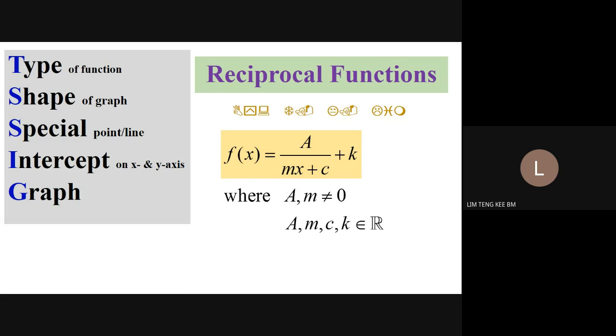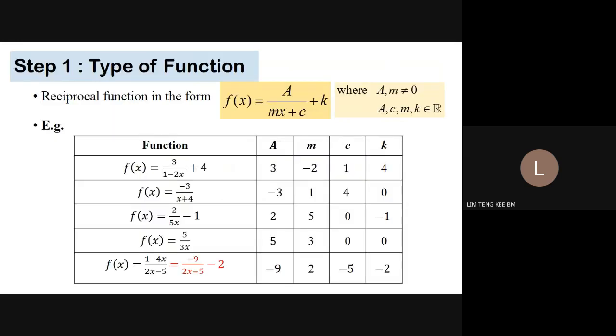In general, the type of the functions here, if it happens to be a function that can be represented in this form, where I have A over mx plus c, plus k, we can see from the first example here, 3 over 1 minus 2x plus 4, the corresponding capital A, m, and c compared with the function highlighted in orange on top.